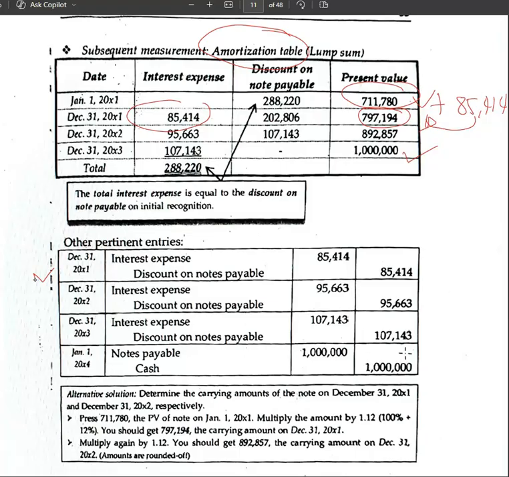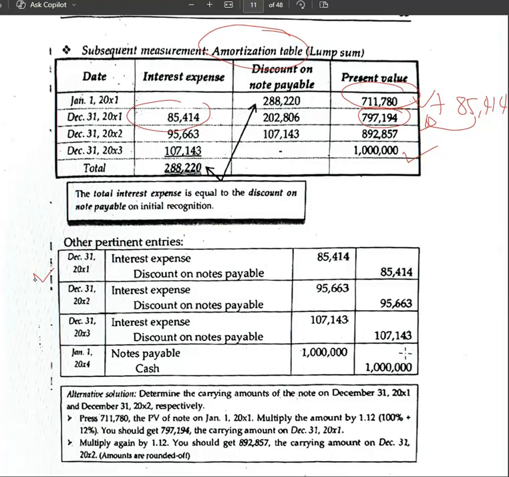So, ang mangyari dito, ang amortization would fall exactly on every year. So, nagkataon lang na ito ay yung kanyang issuance ay nangyari on January 1, 20X1. Therefore, ang kanyang first na amortization would fall at the end of its first year. So that's why walang kaso.